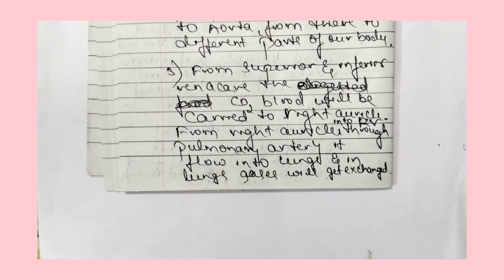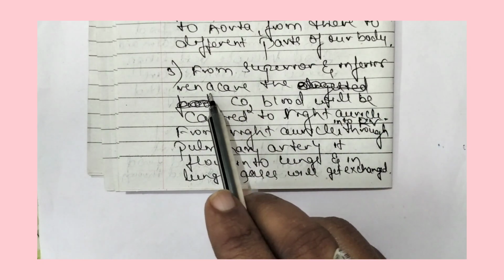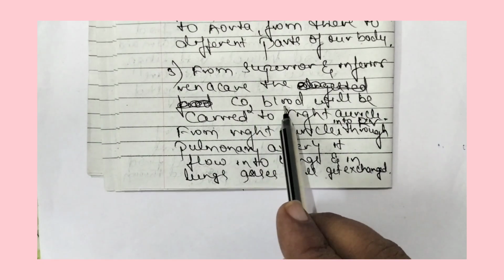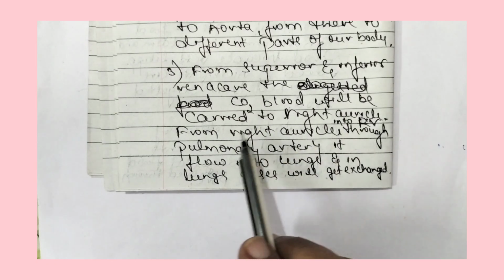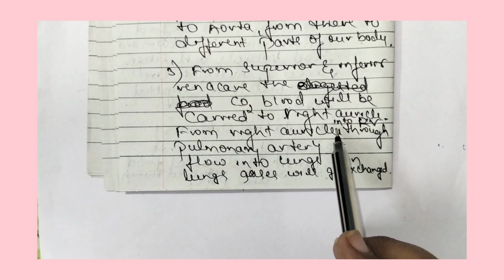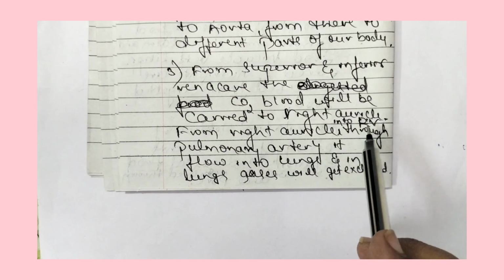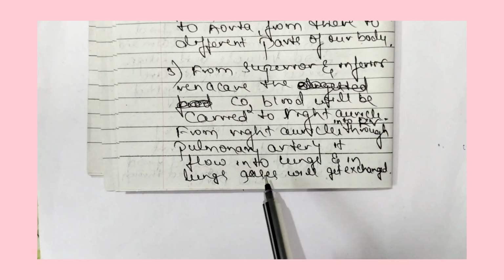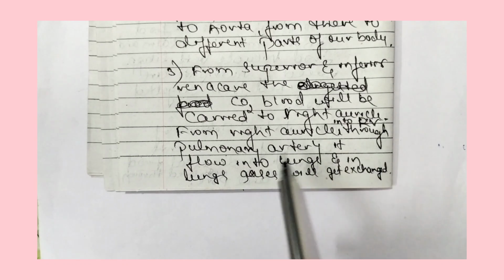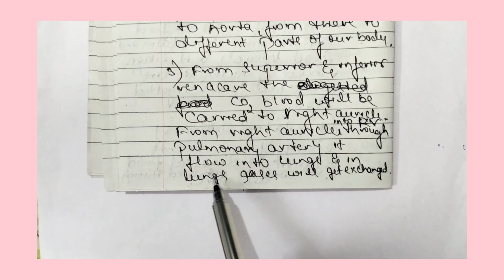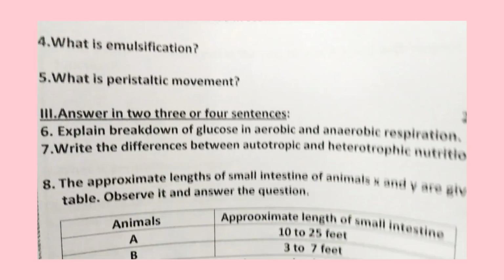Then from superior and inferior vena cava, the deoxygenated blood will be carried to right auricle. From right auricle, the deoxygenated blood flows into right ventricle. Then from right ventricle through pulmonary artery, it flows into lungs, and in lungs gas will get exchanged. So this is the journey of flow of blood in the human heart.